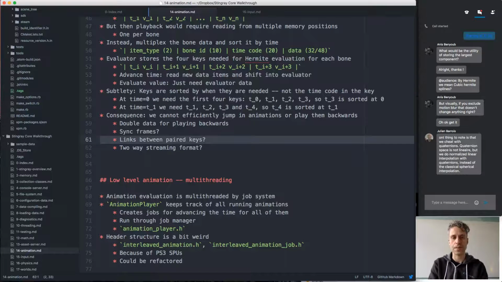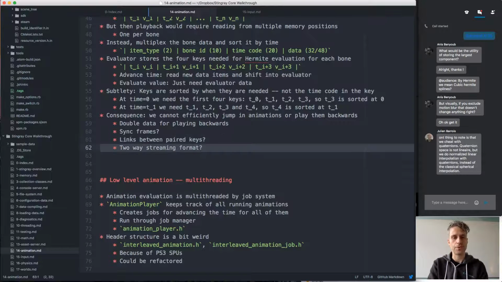Another thing you could do maybe is introduce links between paired keys, so that you store some kind of offset in the key, so that this T1 stores an offset to the T0 key, so that we know where to look for that key when playing backwards. Something like that could maybe be done.